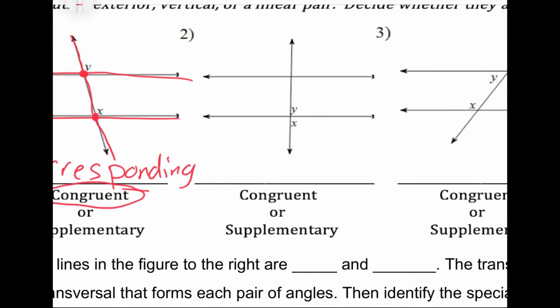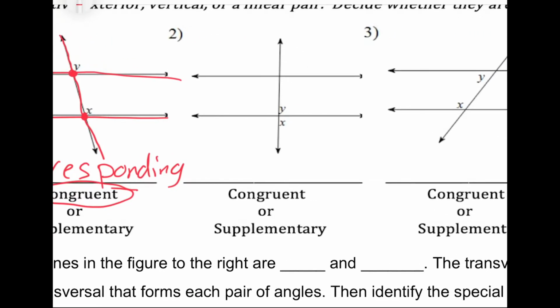For number 2, one is on the inside of our parallel lines, one is on the outside of our parallel lines. So it can't be an alternate interior, alternate exterior, same side interior, same side exterior. So what's left of those 6 words that we did in lesson 1 is corresponding and vertical.